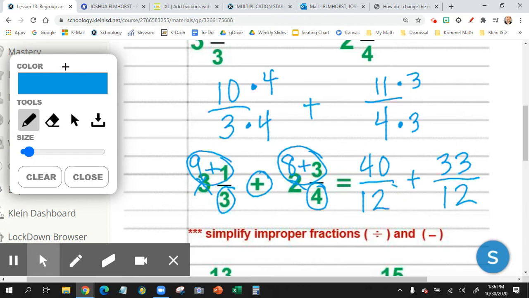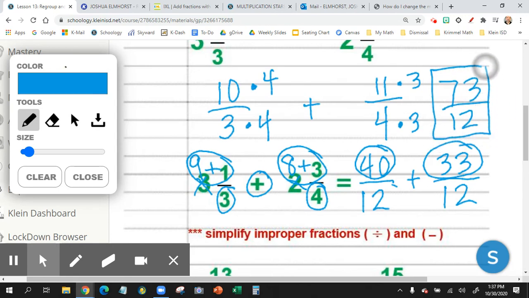Now we got them the same size. Now we can add the parts. So this is going to be 40 plus 33, so the total is going to be 73 twelfths. Yes, that is improper, and we're going to talk about that down below, but just make sure that we got our answer, 73 twelfths.